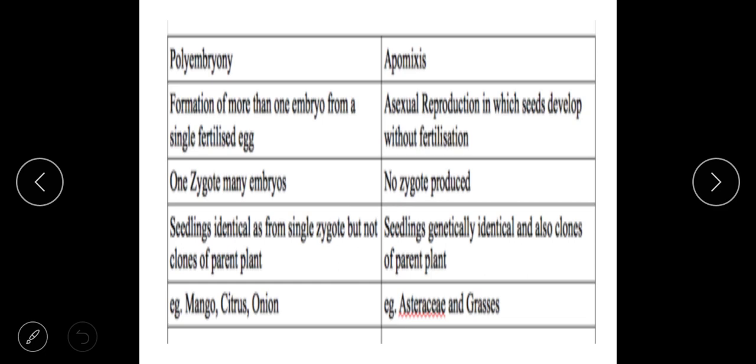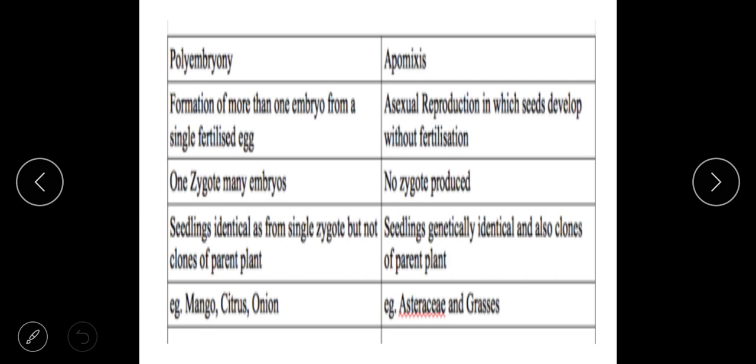Then the last topic is polyembryony. Polyembryony is a phenomenon where more than one embryo is seen, especially in certain plants such as mango, citrus, and others. How can more than one embryo be formed?